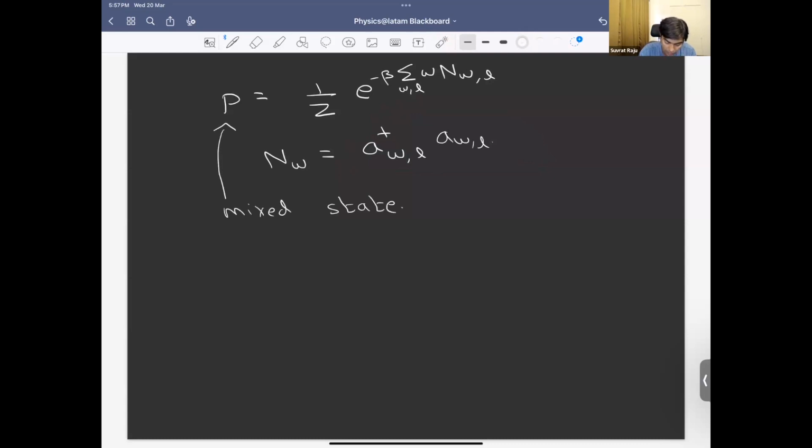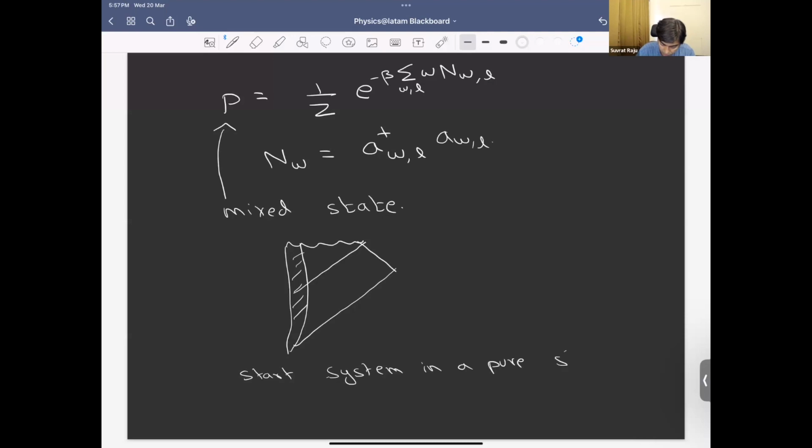And Hawking's point was that, if you go back to the Penrose diagram that we were drawing, then you could start the system in a pure state. And this pure state corresponds to a density matrix rho initial, which is just |psi><psi|.